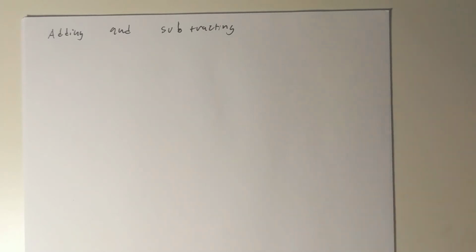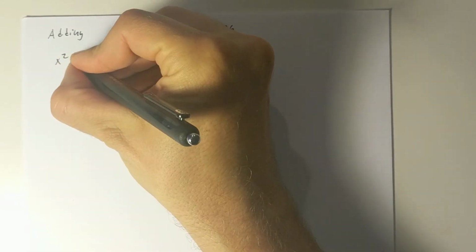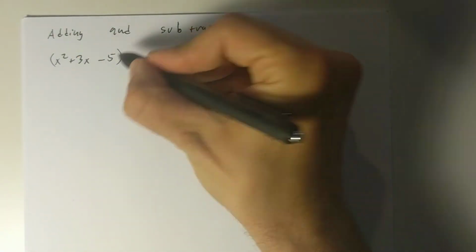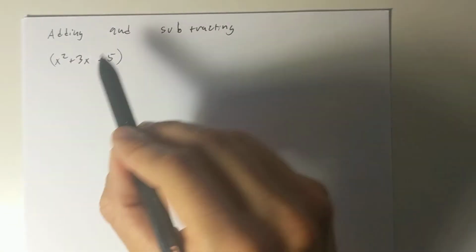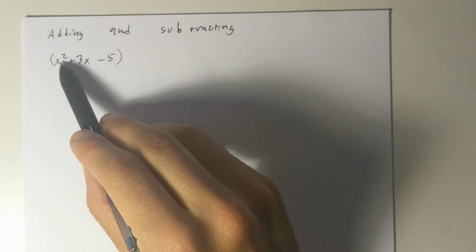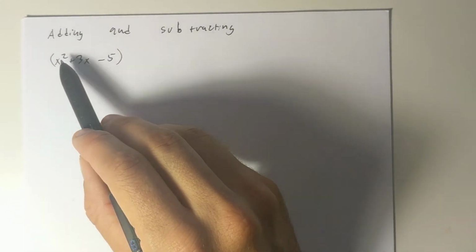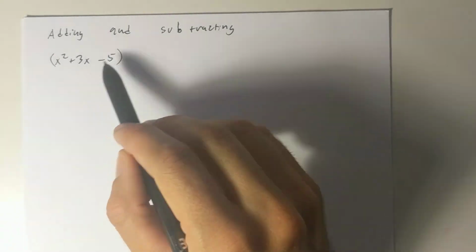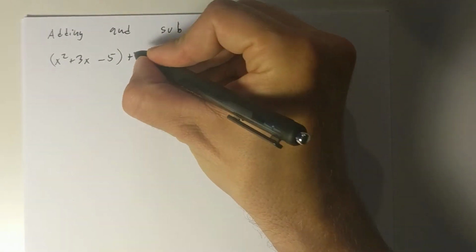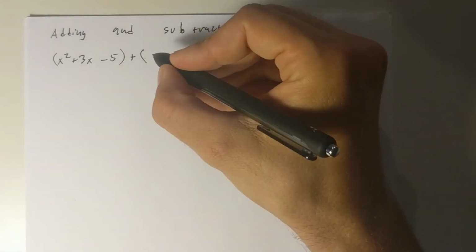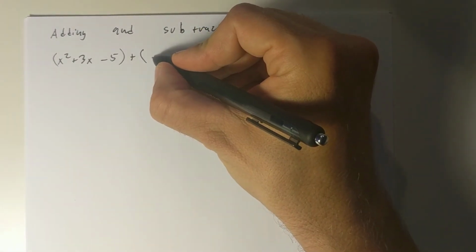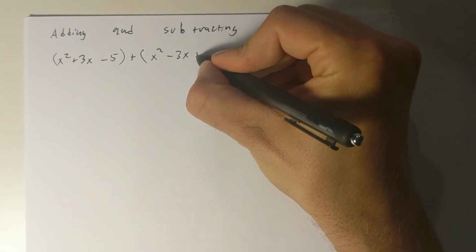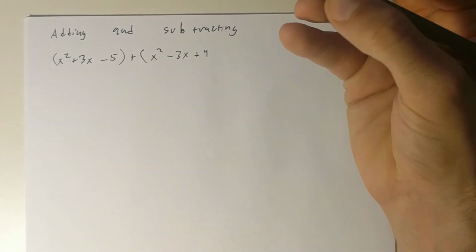So for example, what if I said I have x squared plus 3x minus 5? I'm going to take this second degree trinomial, right? And since it's second degree, this is a quadratic. So this is a quadratic trinomial, and I'm going to add it to, let's just say we'll go with x squared minus 3x plus 4.